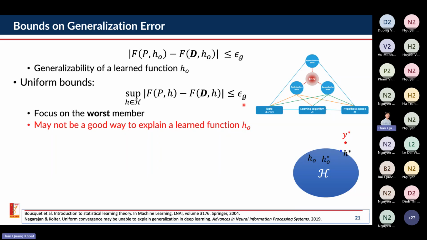But one thing is, when we focus on the worst member, sometimes it can be very bad, right? So in that case, this quantity may not reflect the quality of our trained model. It might be very different from our trained model. So this kind of analysis is sometimes useless.